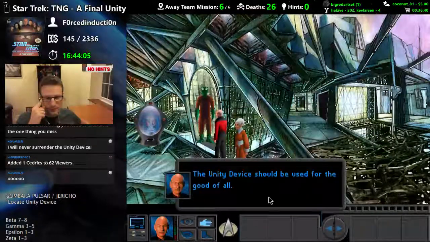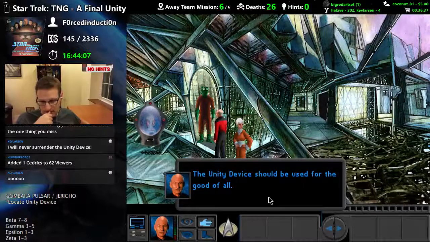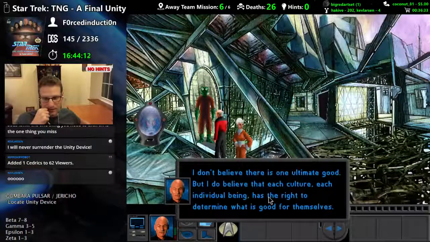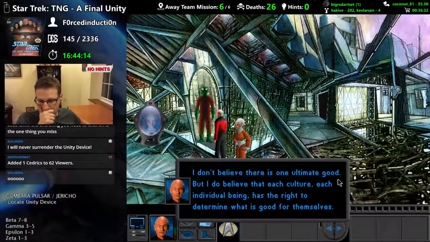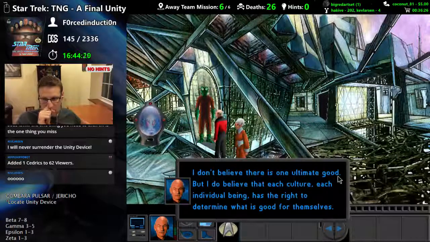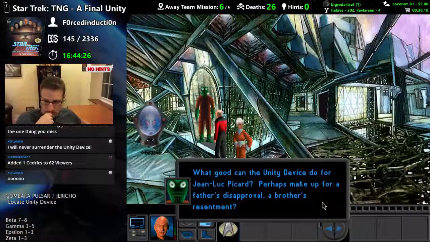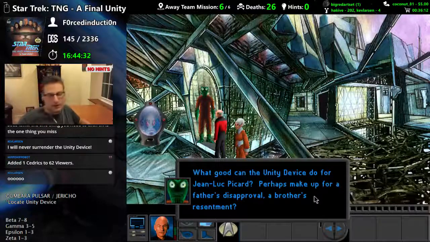The Unity device should be used for the good of all. What do you consider to be the ultimate good? I don't believe there is one ultimate good, but I do believe that each culture, each individual being has the right to determine what is good for themselves. What good can the Unity device do for Jean-Luc Picard? Perhaps make up for a father's disapproval, a brother's resentment. Oh.